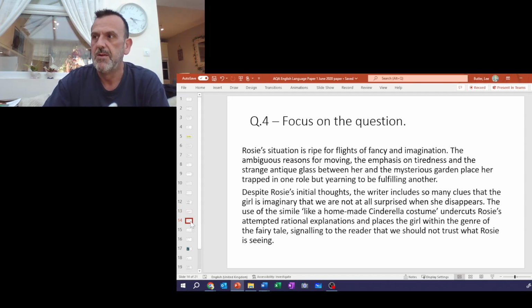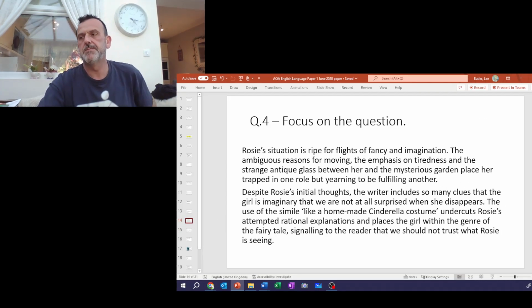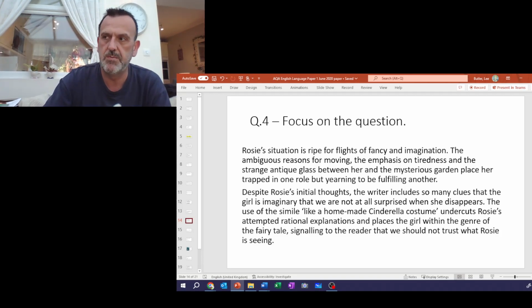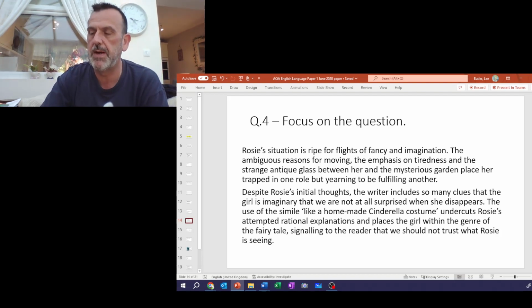Ooh. Right then. Again, I've copied the exemplar answer and I've added in my own initial bit at the start. Despite Rose's initial thoughts, the writer includes so many clues that the girl is imaginary, we are not at all surprised when she disappears. So you can understand why that's a top band answer. That's good.